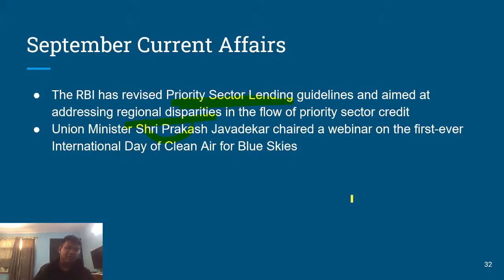Meanwhile, the union minister Shri Prakash Javadekar, he actually heads quite a few ministries. He has recently chaired a webinar on the first ever International Day of Clean Air for Blue Skies. This is something which originated in the United Kingdom, and the idea was that the aviation sector, which is one of the greatest polluters, one of the greatest contributors to air pollution, should actually buck the trend and should start cleaning things up.